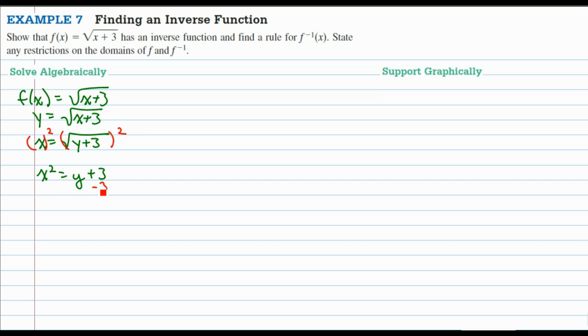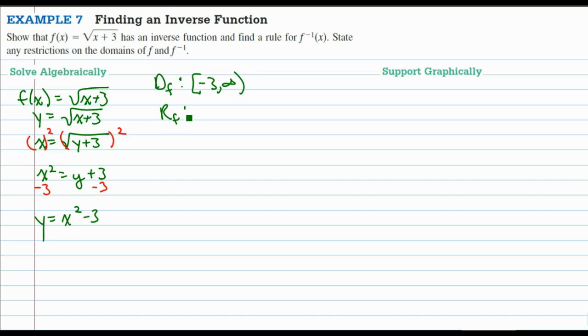Subtract 3 from both sides. So now y equals x squared minus 3 is my inverse function.